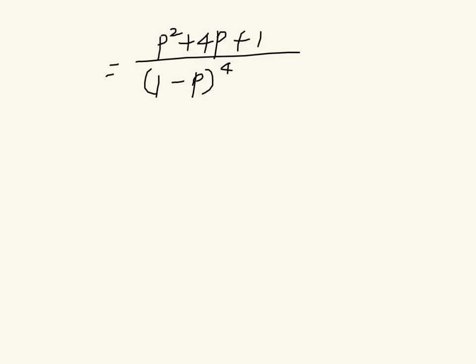This is equal to the sum of k cubed times p to the power k minus 1.